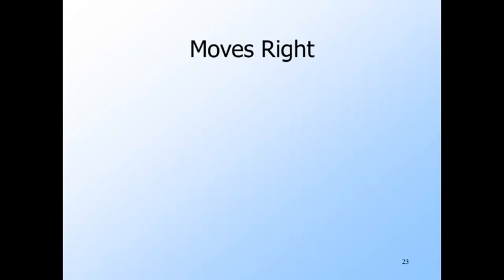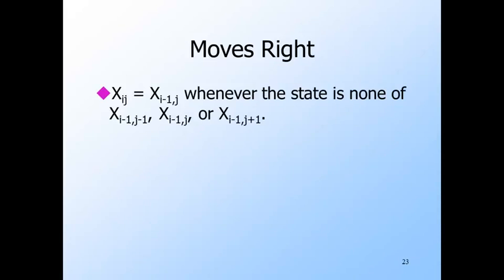We're now going to start working on moves right. A lot of this expression simply says that x sub ij equals x sub i minus 1, j. That is, a symbol in the ith ID is the same as the symbol in the same position of the previous ID. That will be true whenever the symbol in that position is not the state, and neither are the positions to the left and right in the previous ID the state. Since a state can only move one position, we know nothing changes two or more symbols away from the state.